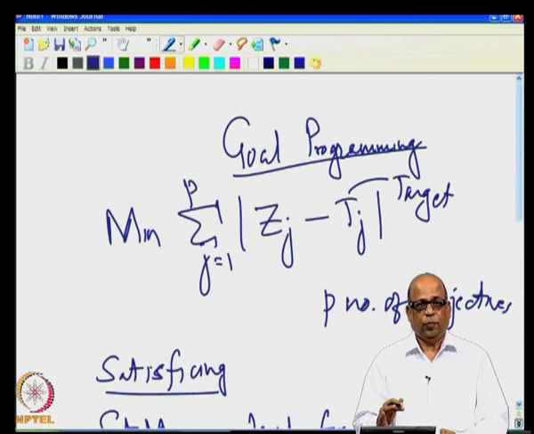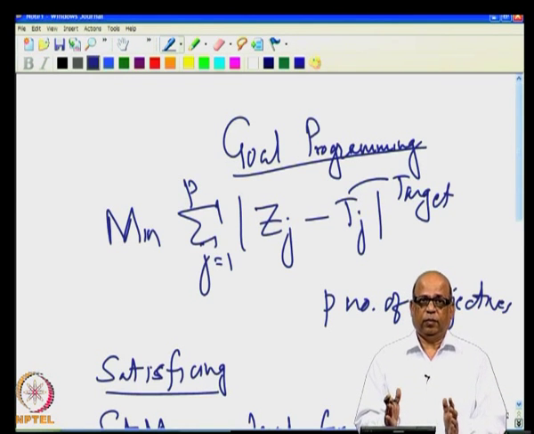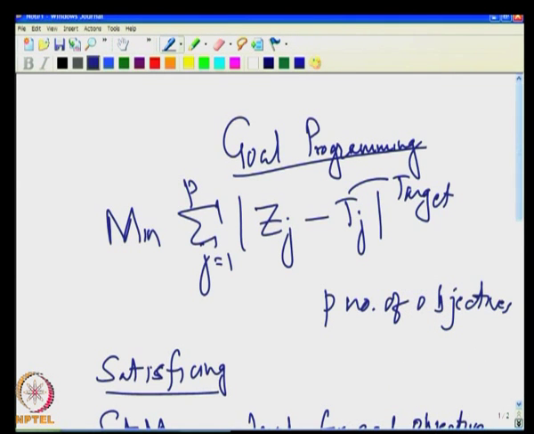So, with this now we will close on the techniques that are available. Initially, I talked about the optimization techniques, and then also I just now introduced multi-objective planning or multi-objective optimization. In terms of the mathematical technique, multi-objective optimization is not a new technique.